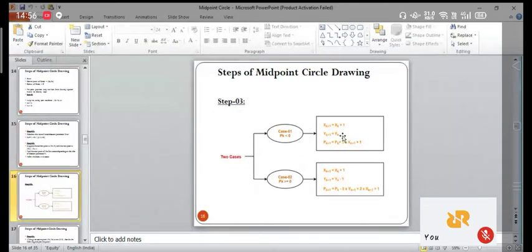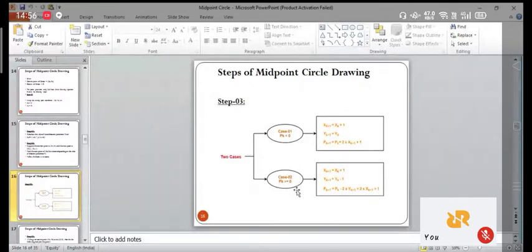That is, y will have its original value only, so it will not change, and you will compute the next decision parameter. Again, when you compute this decision parameter, it can be less than 0, or equal to 0, or greater than 0. So again, based on this decision parameter, you have to compute the x and y values.